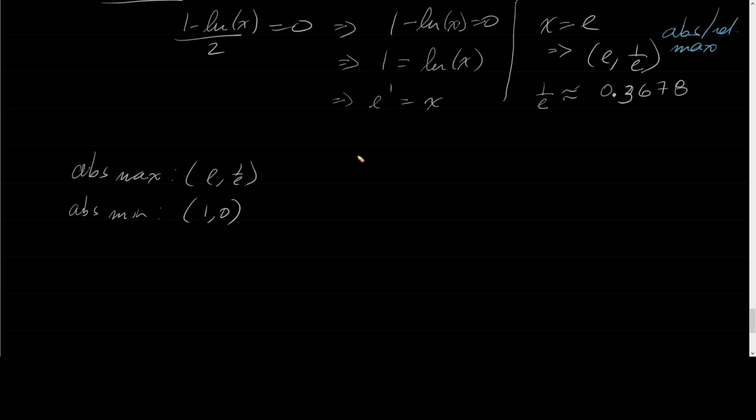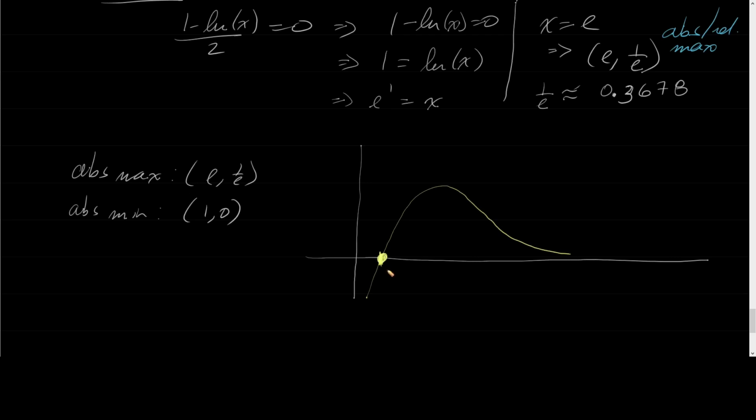And let's look at the visual for this function so you can see what we just found. This function overall kind of looks like this. Here that value is 1, here that's 4.